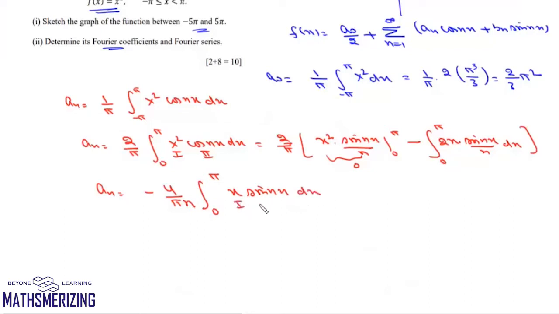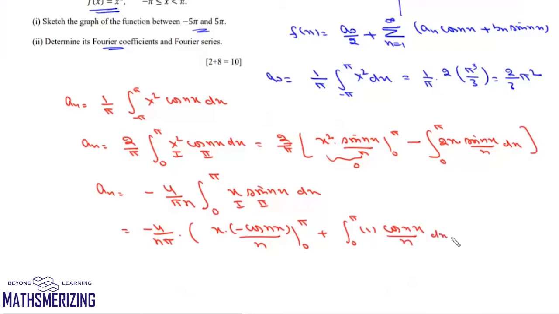Now again, this is first function and this is second function, so we can write this as minus 4 upon n pi, and here it will be x minus cos nx upon n from 0 to pi, and then minus from 0 to pi 1, and here minus minus will be plus cos nx upon n into dx.